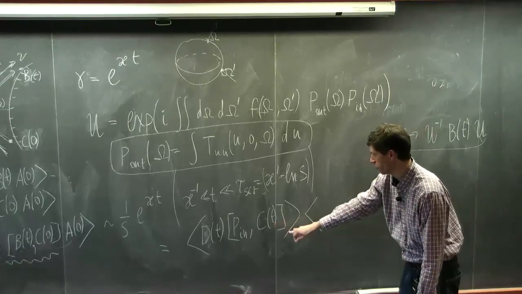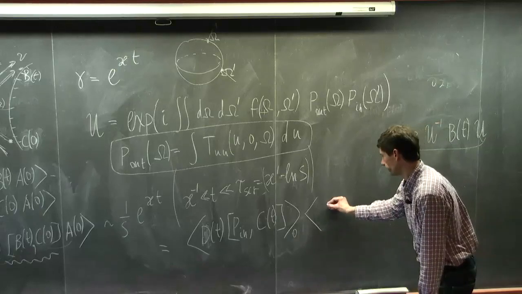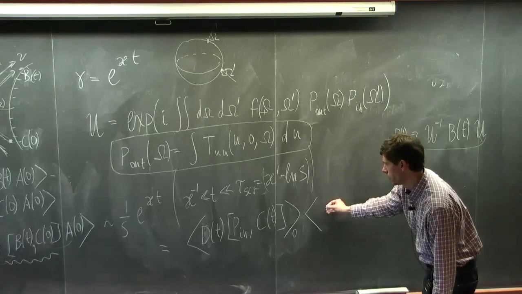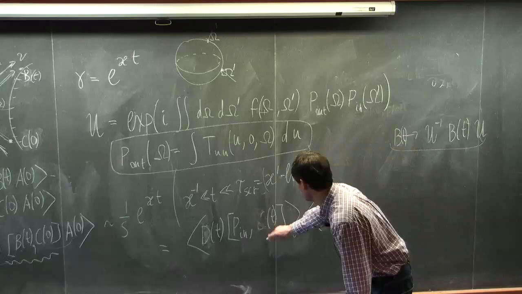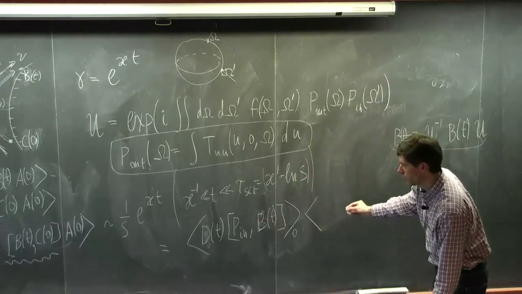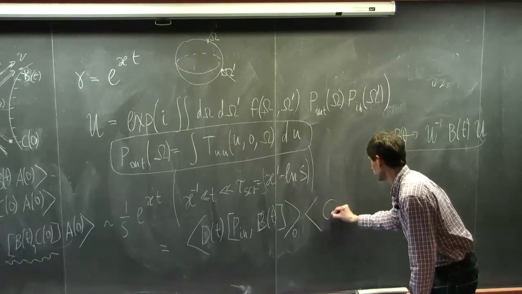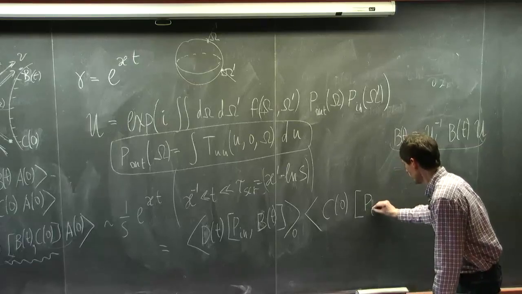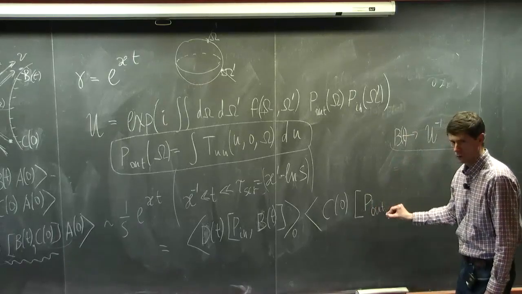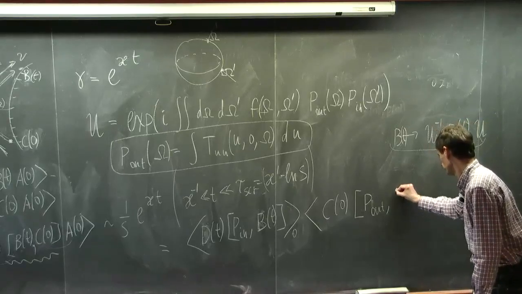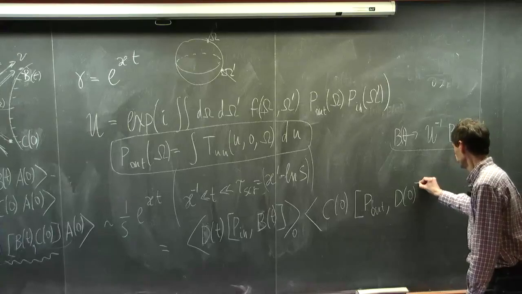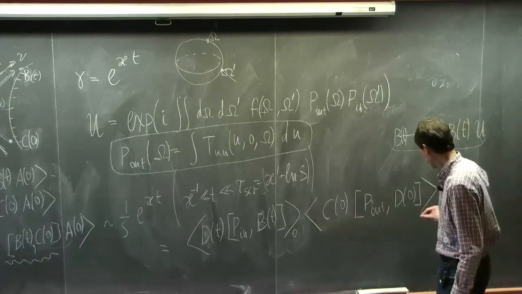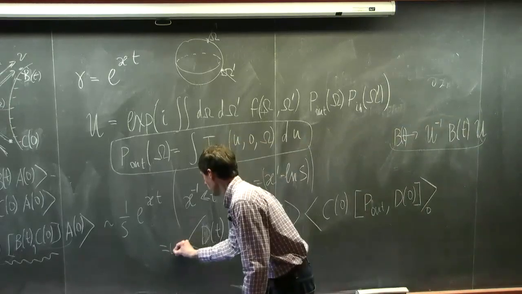So it's the answer to the first order in the perturbation theory, times the commutator between B, sorry, it's B, and times IF.